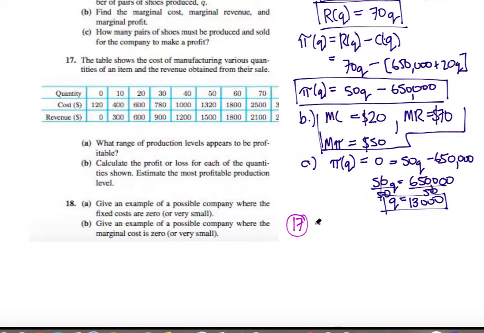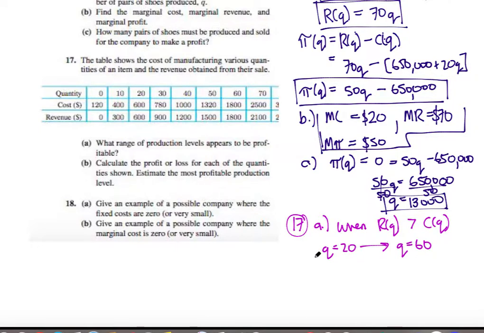So we want to know when revenue is greater than cost. So when is revenue greater than cost? Well, it appears that revenue is greater than cost starting at Q equals 20 and going up until Q equals 60. At that point, revenue becomes lower than cost.